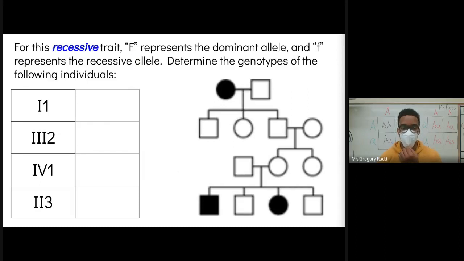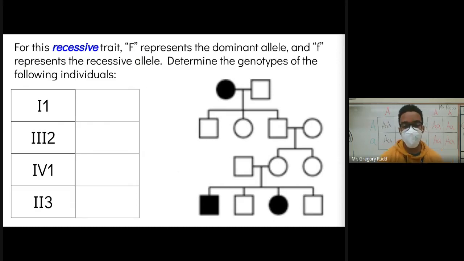Individual I1. Are they affected or are they unaffected? Let's see if somebody at home can tell us. Are they affected or unaffected? Good, thank you, Dejan. They are affected.